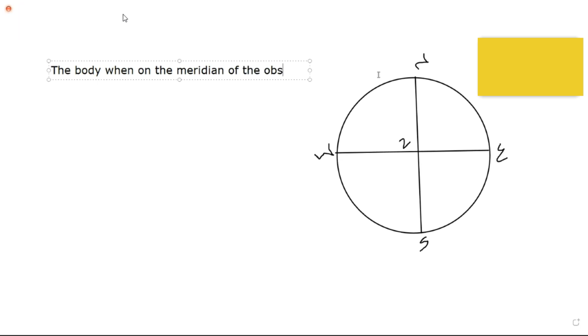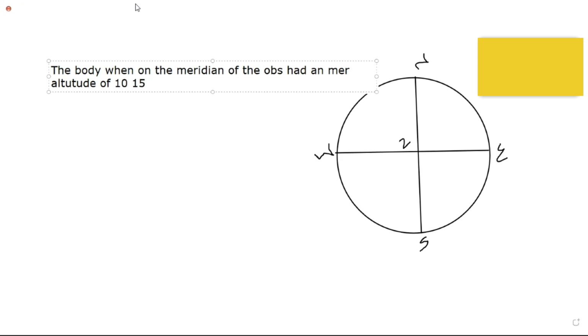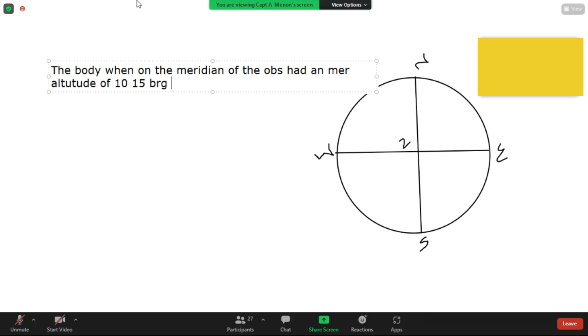You can write down this question. This is my own question. So we do that after an altitude of meridian altitude of 10 degree, 15 minutes, bearing north.